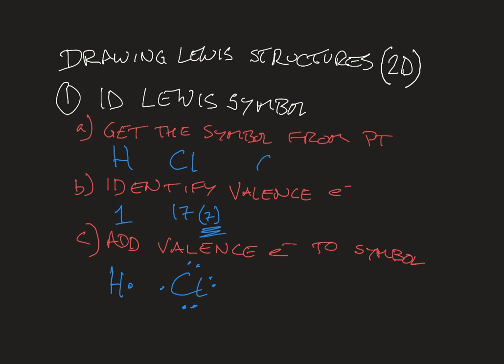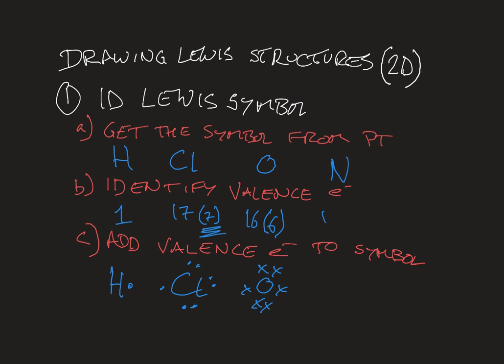If we look at oxygen, again, it's in group 16, which means that it has 6 valence electrons. So we're going to have oxygen here. I'm going to use crosses this time. 1, 2, 3, 4, 5, 6. Okay. And then nitrogen.